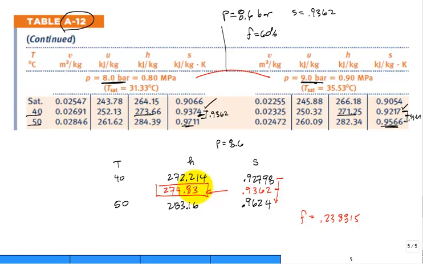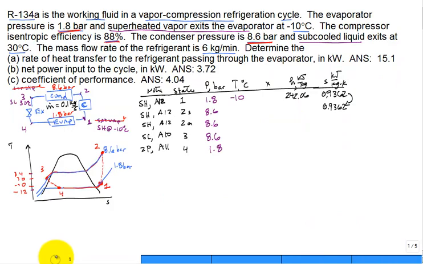But that's what you need to do if you're doing it by hand. If you have software, it's a lot faster. So we find that after a lot of work, we get this value right here, 274.83. Well, now we can find what is the work for the compressor if it was isentropic.